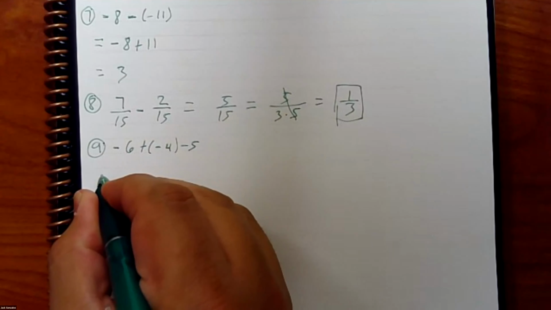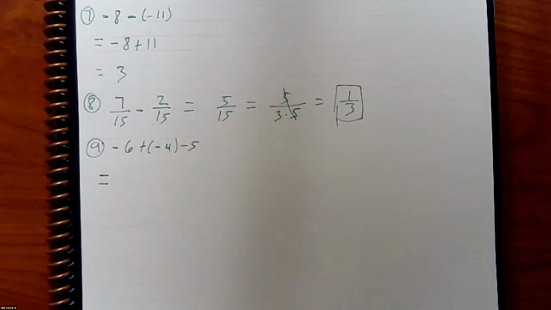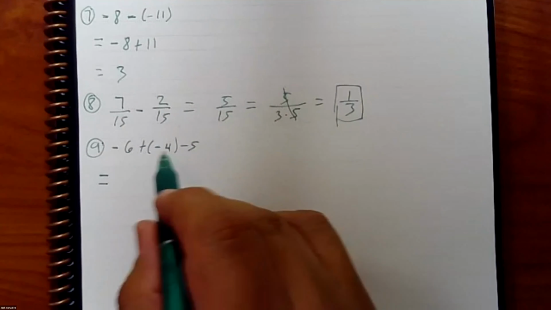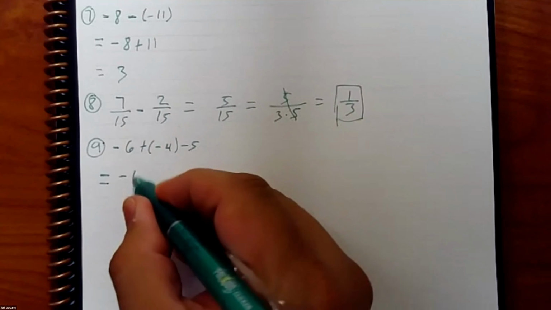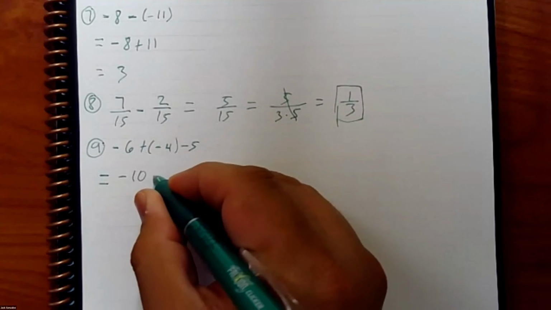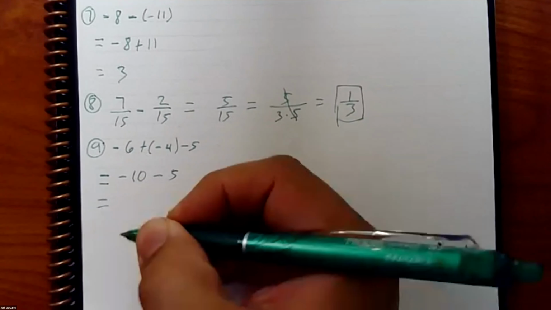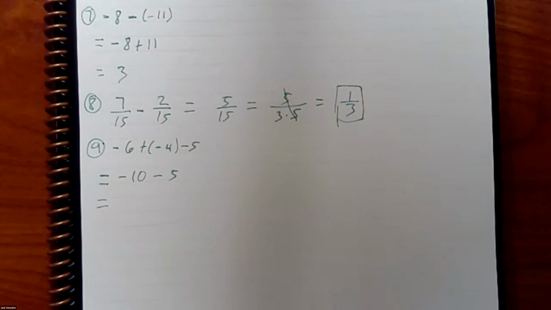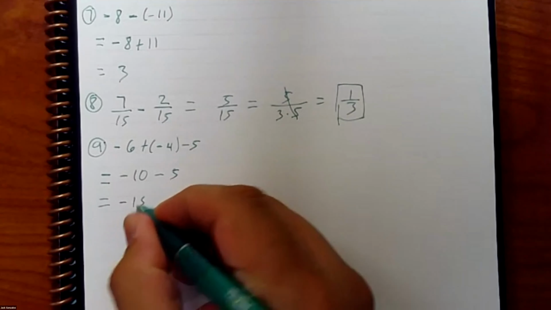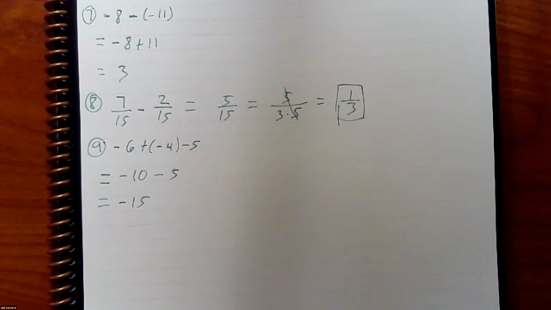Number 9. Yeah, you just add them and keep the signs. Right? And then same thing, right? Not too bad.